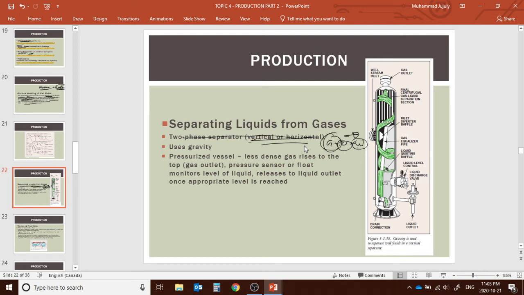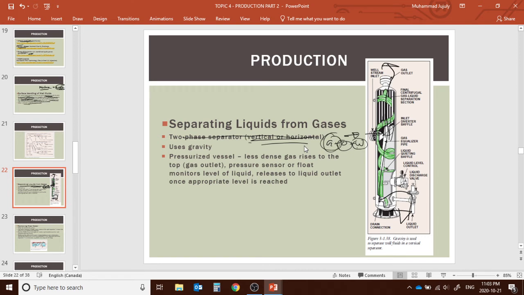If you insert the fluid, and there are some baffles inside here, then when the fluid moves in, the gas will be vented out and the water will be drained out.